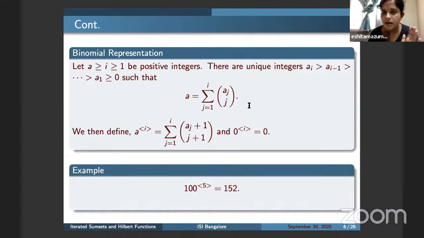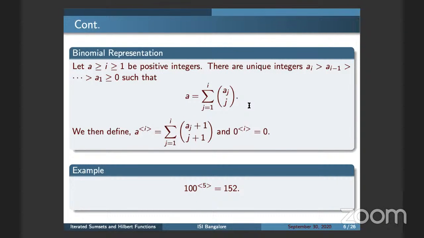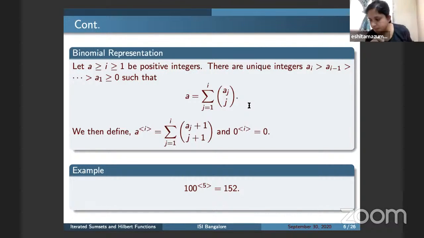Is that okay? For example, let's take any small number, say 10, and you are trying to find the binomial representation for 3.